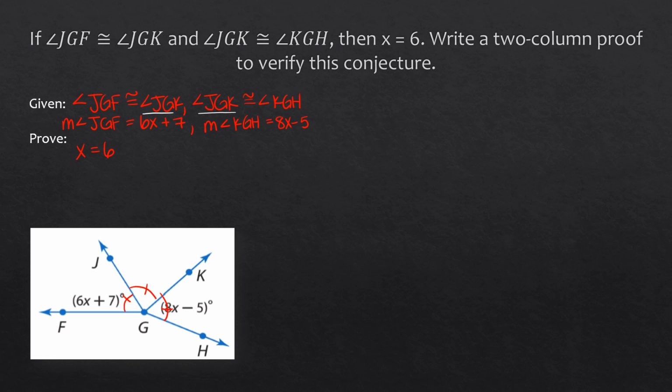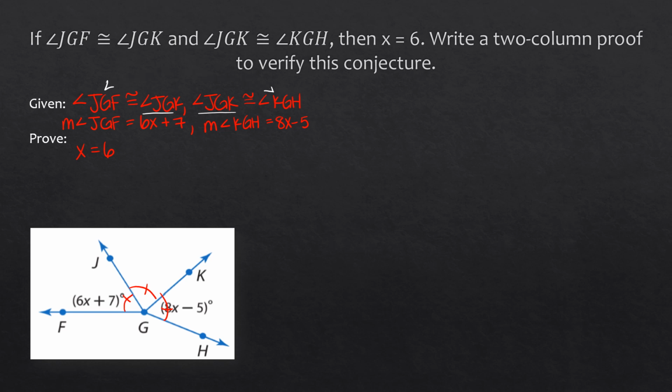So I'm thinking that serves as kind of like a middleman, like I want to cut that out, right? And I want to say, well, the measure of angle JGF has to be congruent to KGH. That's really where I want to get, because those are the 2 angle measures that I'm given to work with.